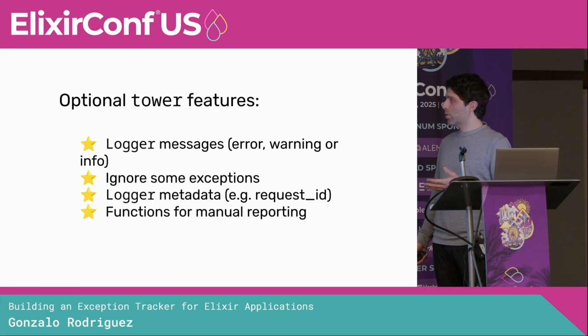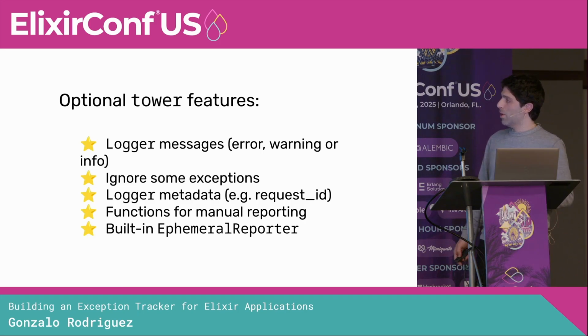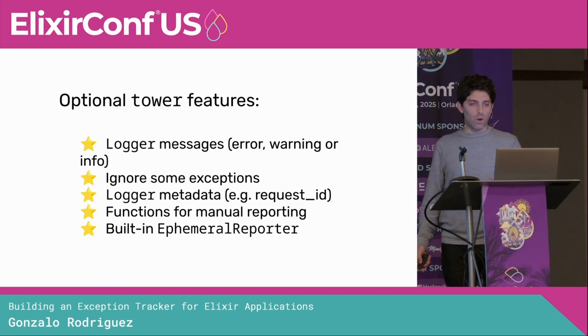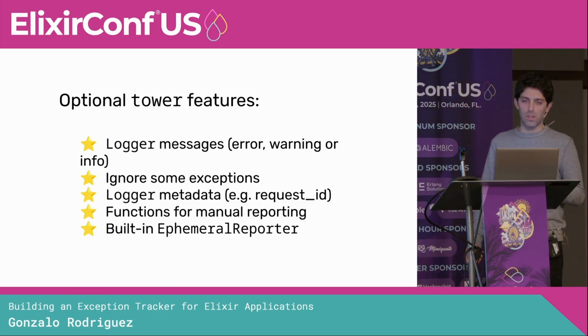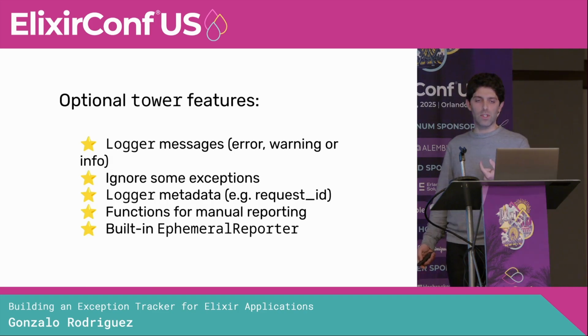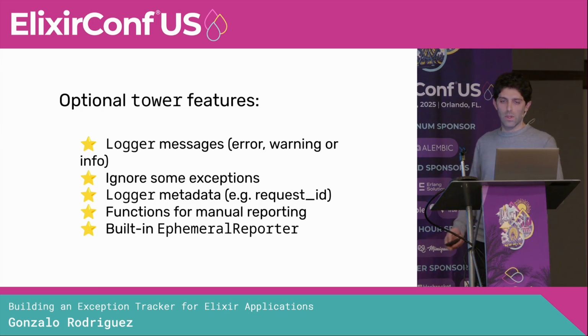Also, we expose functions for manual reporting in case you're handling exceptions manually. And a built-in ephemeral reporter, as we call it, is just a GenServer or an Agent starting by default in your application and retaining the last 50 Tower events for you to query, maybe useful in development and test, but probably maybe also on a production console.